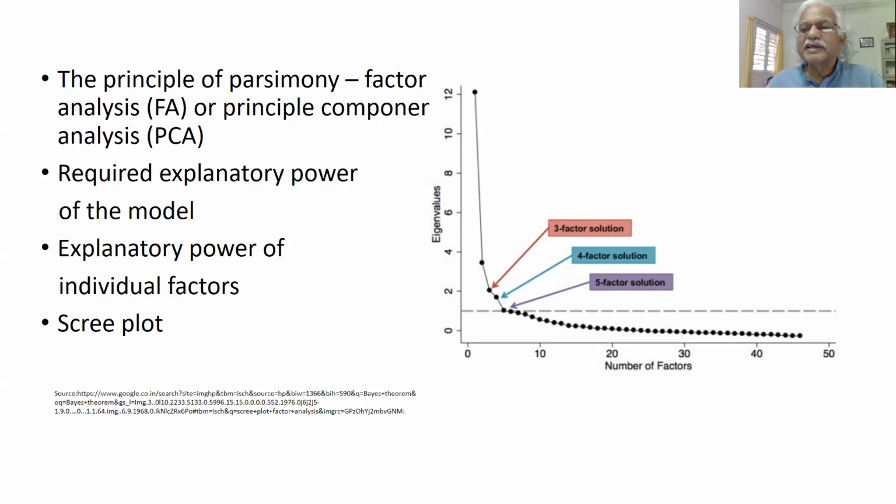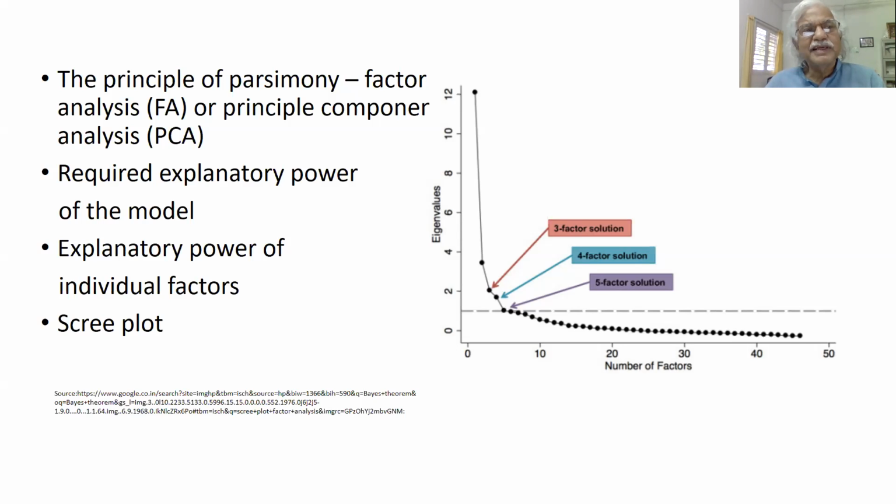Now, the first of the factors is the factor which explains maximum variation in the data. And to begin with, we apply principal component analysis, in which the number of factors is the same as the number of variables, and 100% variation is explained.